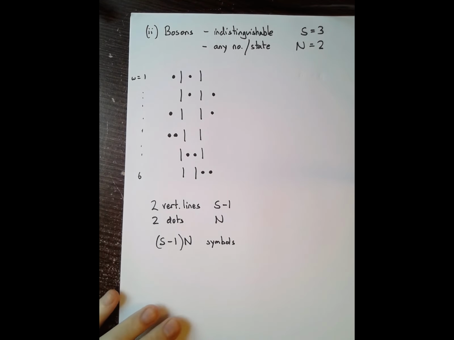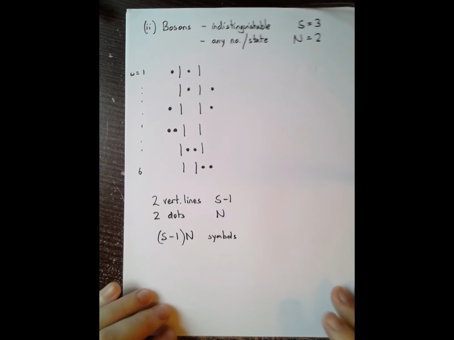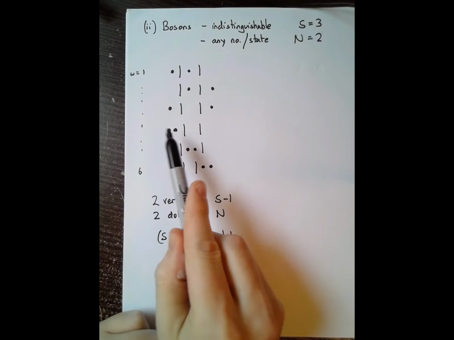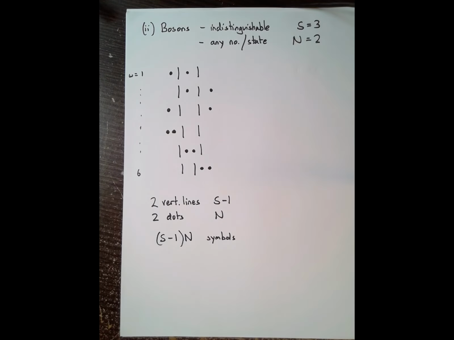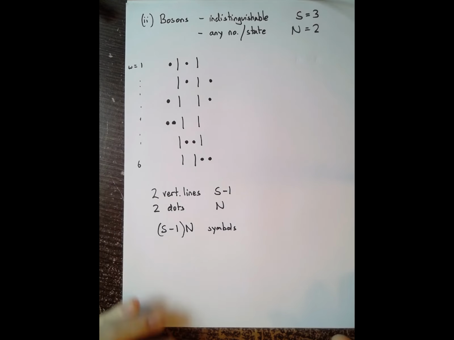So we don't want to double count situations, for example, where these two dots are flipped around, because that still counts as the same microstate.